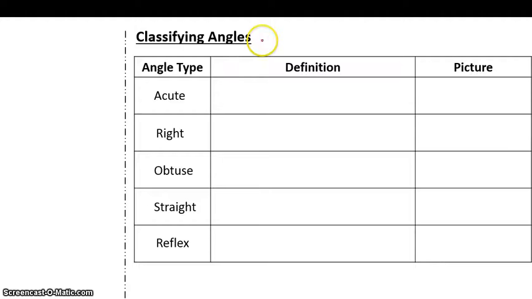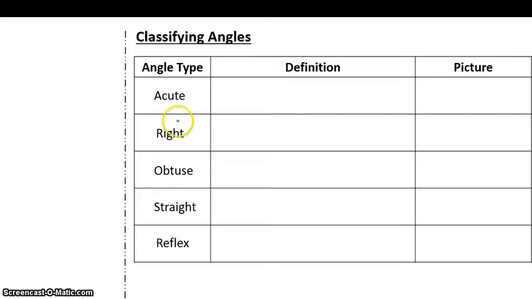So classifying, then we have 5 different classifications here, and you've probably heard of these before. And so I'm going to give you the angle type, what the definition is, and a picture that goes with it, because I may just ask you to draw an acute angle on a quiz or test or whatever, and so you should be able to draw that. So I'll give you an example of a picture.